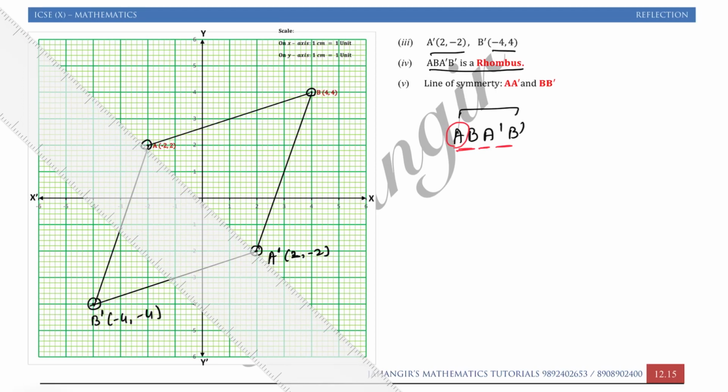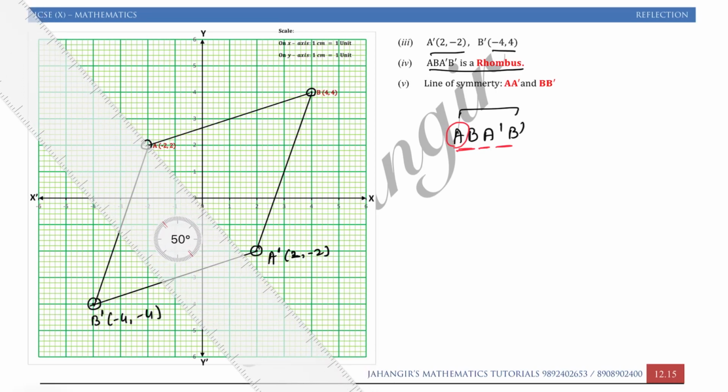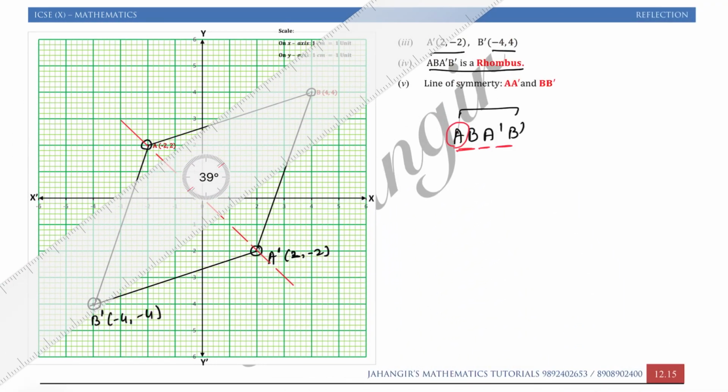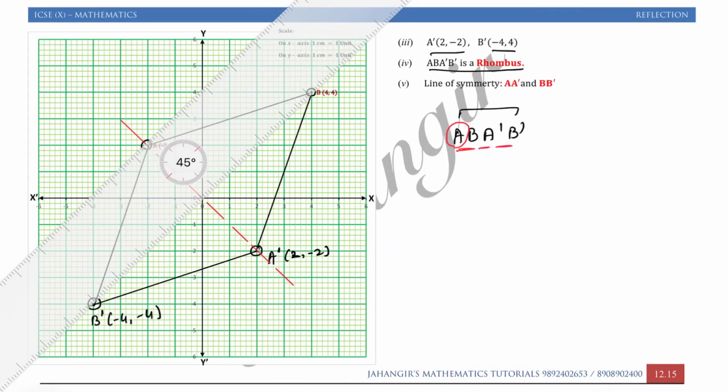So let us draw the line of symmetry. We can make a broken line. First symmetrical line is A dash. Then the second symmetrical line will be B dash.